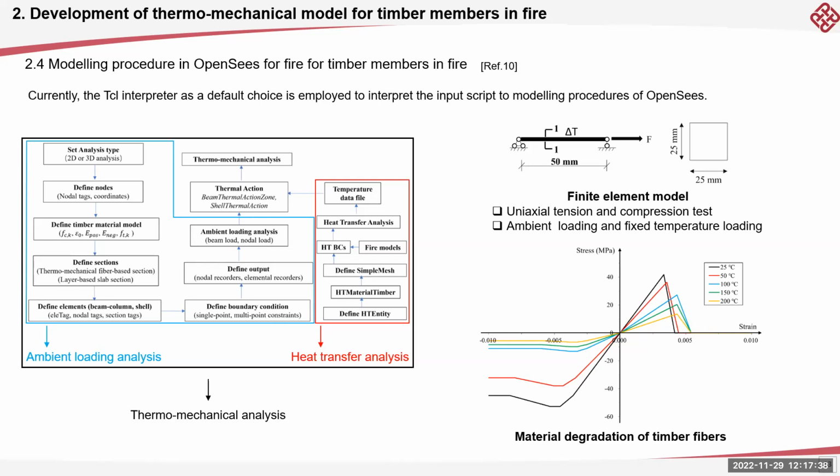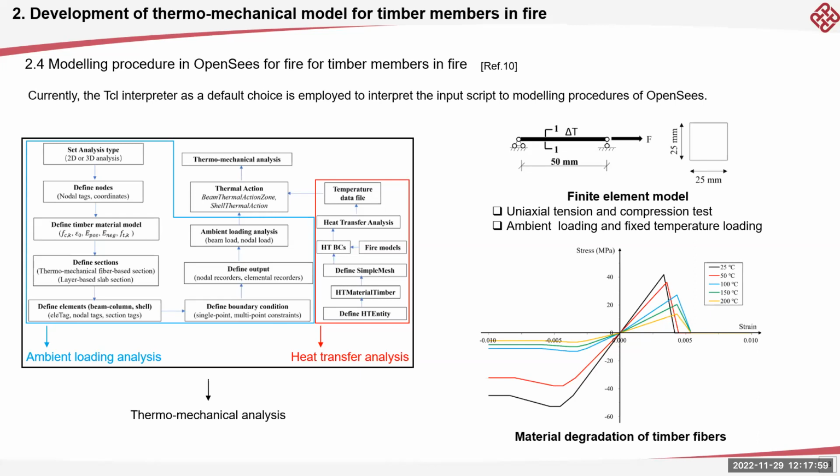And for the right part, it is the heat transfer analysis. We can define the heat transfer entity and the heat transfer material for timber, define the simple mesh, and define the boundary condition. In this step, we can choose different fire models, and we can do the heat transfer analysis.